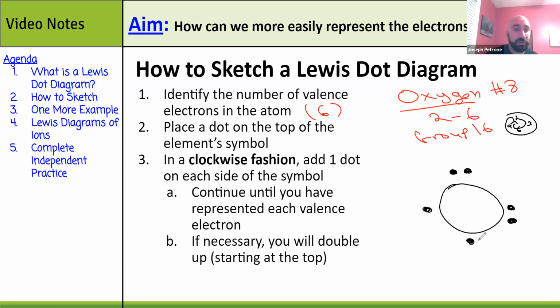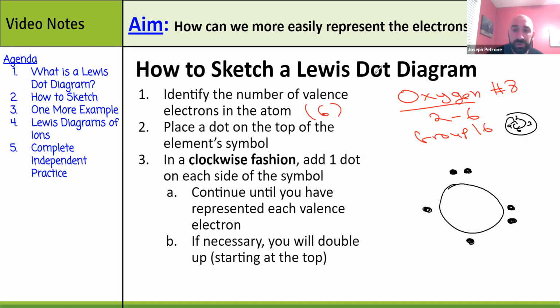The Lewis dot diagram just has the symbol and the valence electrons dispersed in a particular order, 1 on each side until we run out of sides, and then we can start to double up. So it is pretty straightforward and a lot easier. It's not necessary for us to draw all those inner electrons. So let's go through one more.